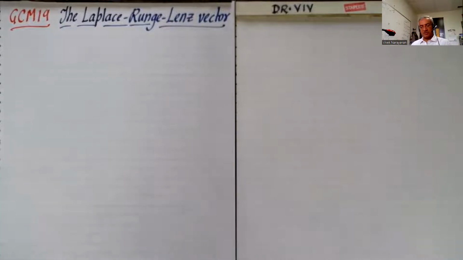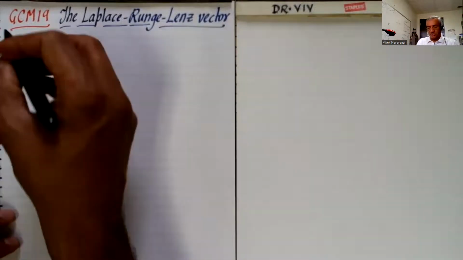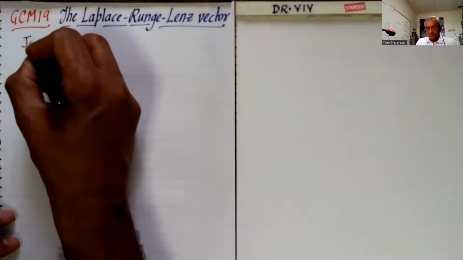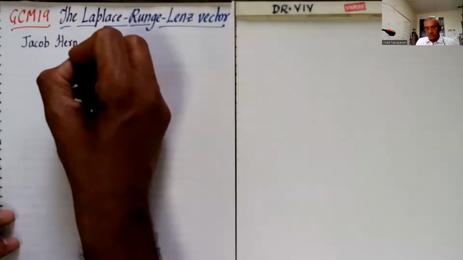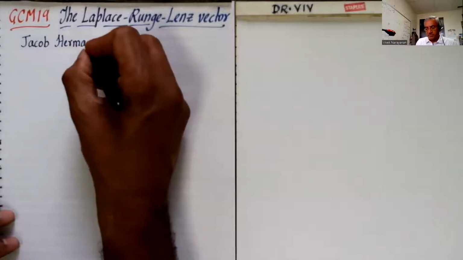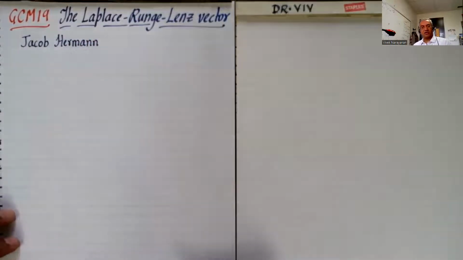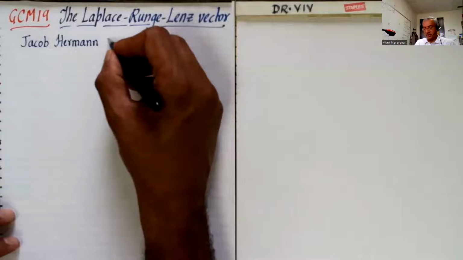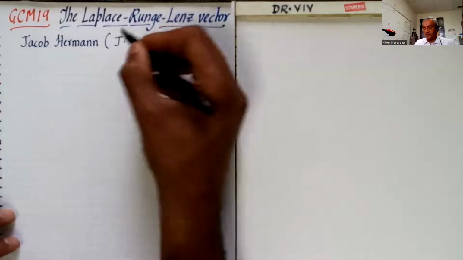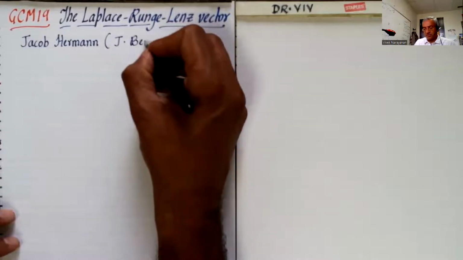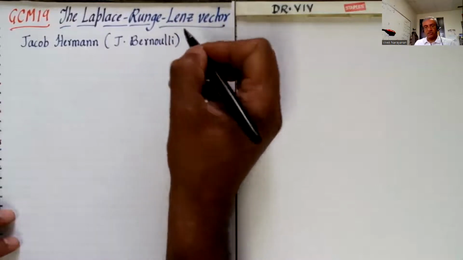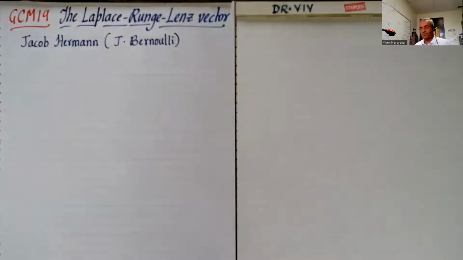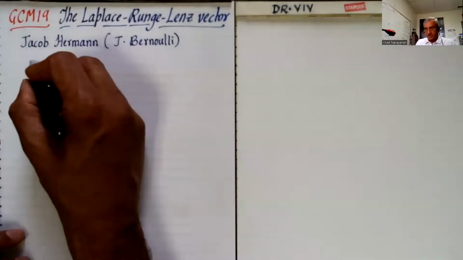This vector was actually first discovered by Jacob Hermann, who was a student of Johann Bernoulli. This is John Bernoulli, who gave such a beautiful solution to the brachistochrone problem. Well, his pupil made the following argument, which I'm going to outline.